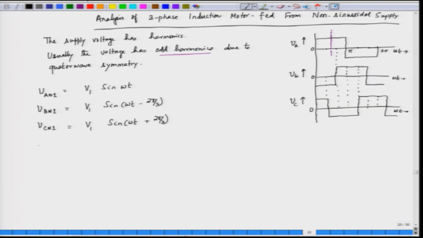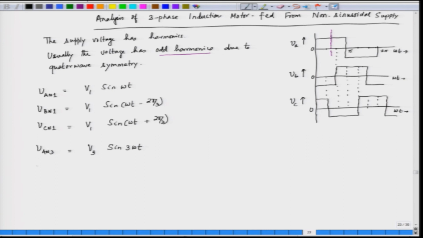What about the third harmonics? V An3 is equal to the amplitude of the third harmonic voltage V 3, which we can find out by Fourier analysis, times sin 3 omega t, because the frequency of the third harmonic is 3 times the fundamental.